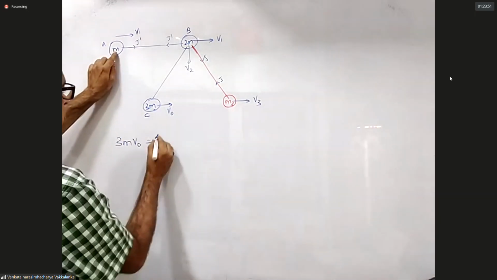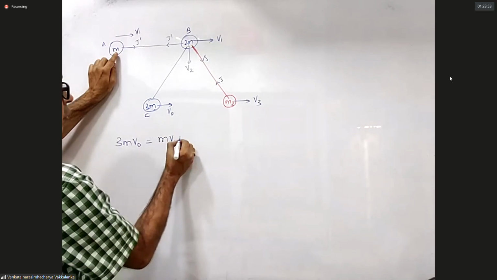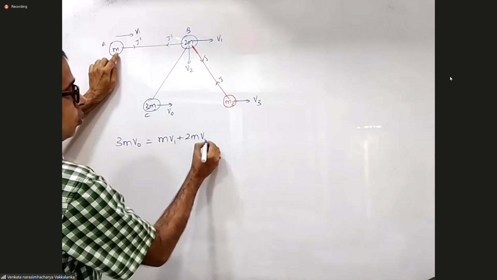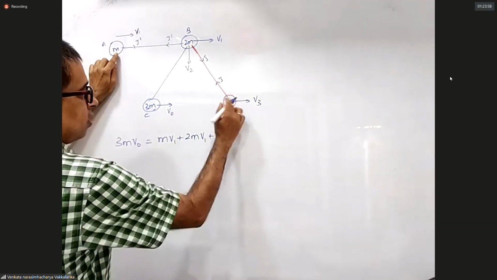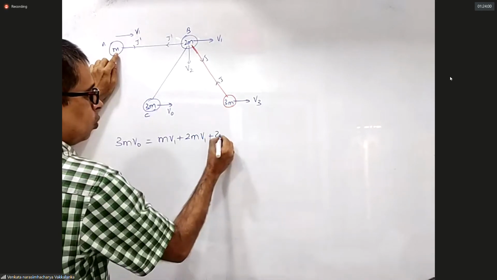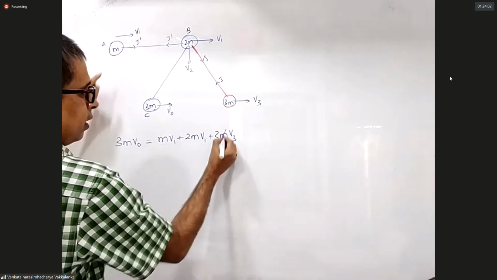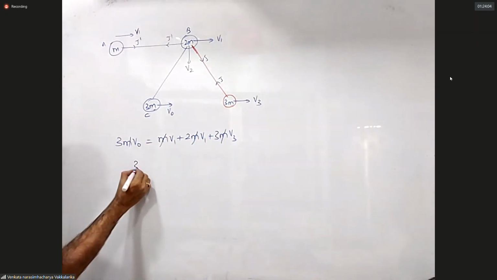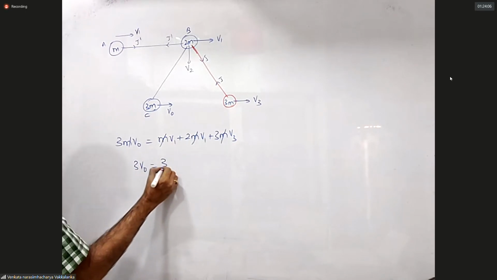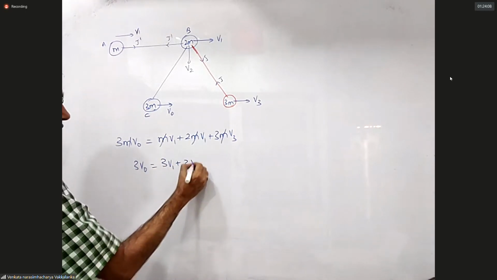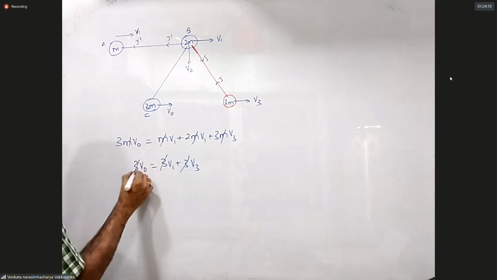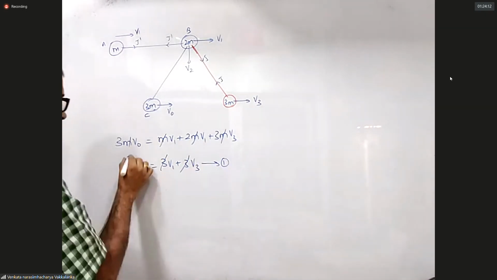What is the final momentum? m into V1 plus 2m into V1 plus 3m into V3. So 3V0 is 3V1 plus 3V3. This is my first equation.